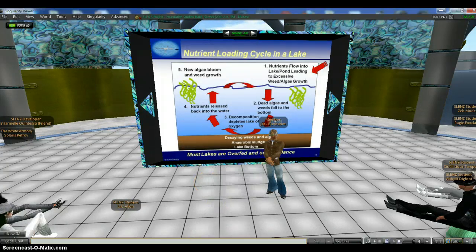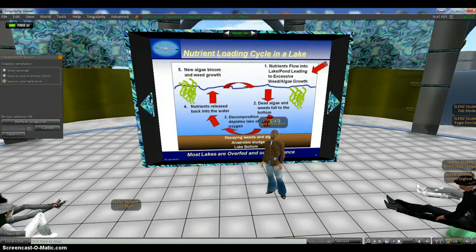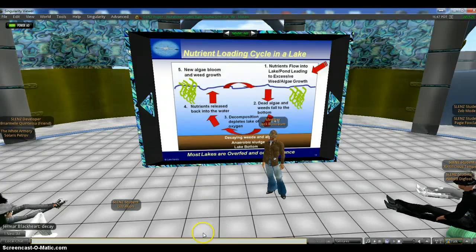What happens when they decay? They deplete oxygen from the lake. How does that happen? The aerobic bacteria need oxygen to gobble these things up and turn them into a very fine ash.